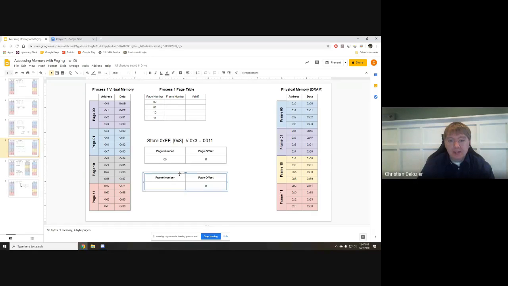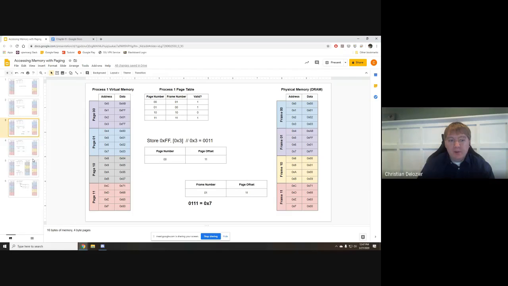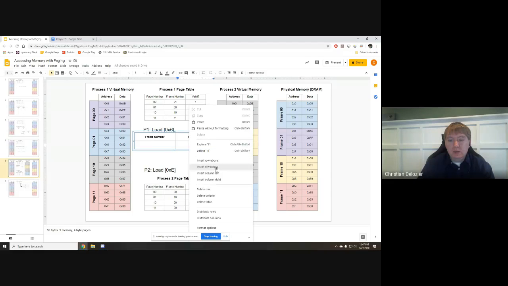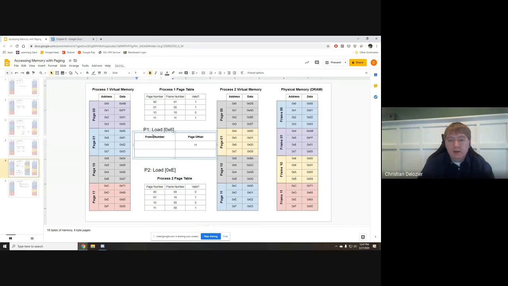So let's do this sort of frame number and page number substitution for both of these. Let me make this another row. We're going to do load 0x6 on process 1.